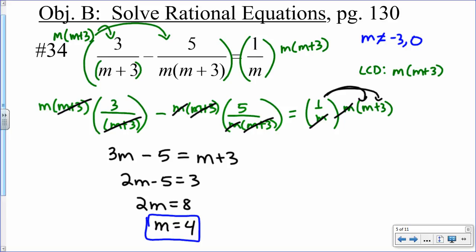So it's okay to set the numerators equal to each other. Yeah, you can do it, it's just a little bit more work. This is a pretty easy equation. Did you have a question? Anybody else have a question?